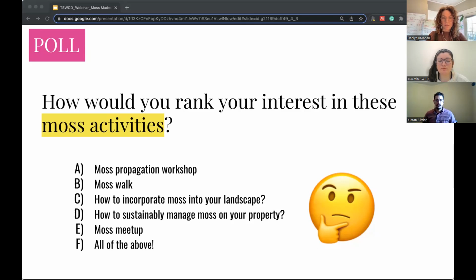What are some opportunities to help homeowners better use moss in the landscape and find more sustainable ways to manage it? So that's the last main deliverable from the grant, an educational brochure. But there's opportunities to do more things here in terms of these activities. So we'd love to hear more. And I believe in the follow-up survey, there's an opportunity to share your email. So if you want to stay informed in what we're doing, and if we plan any of these kinds of activities listed here, we'd love to keep everyone engaged in that.